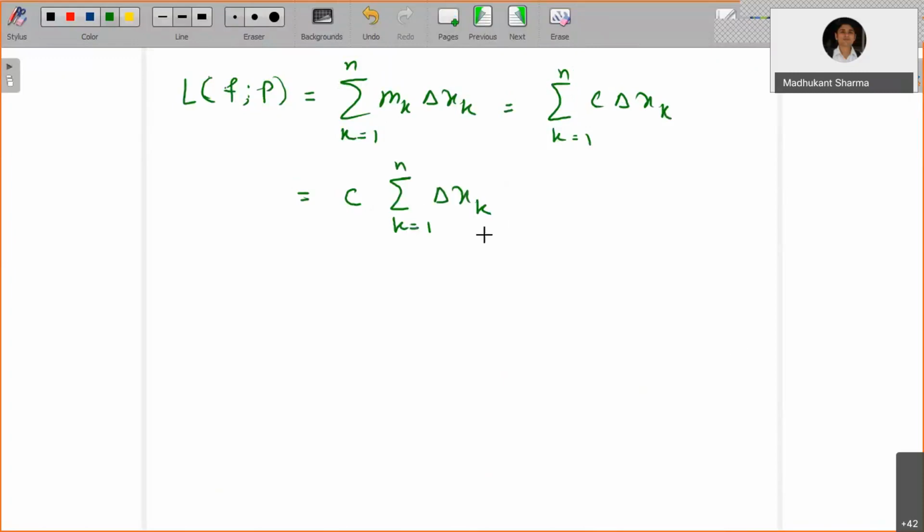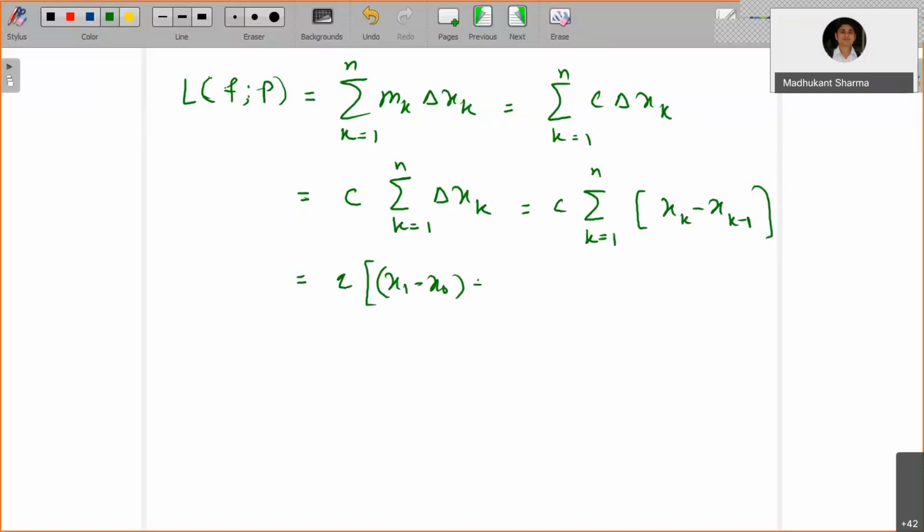Now what is delta xk? It is xk minus xk minus 1. So c times the summation, and if you write k equals 1, it is x1 minus x0.